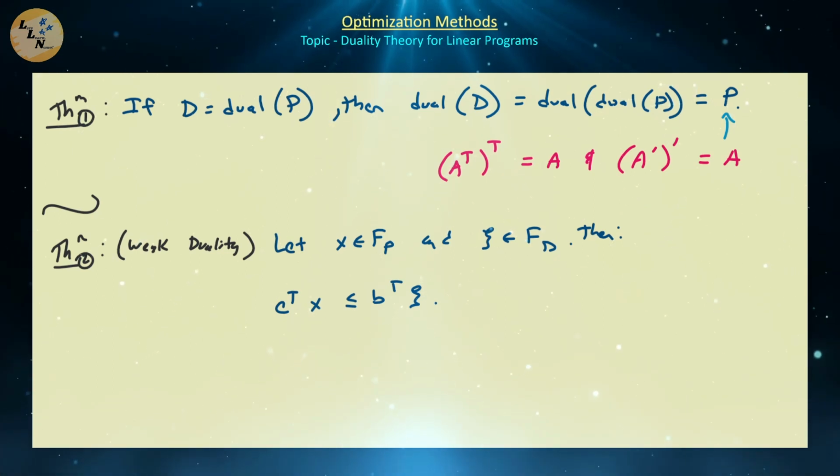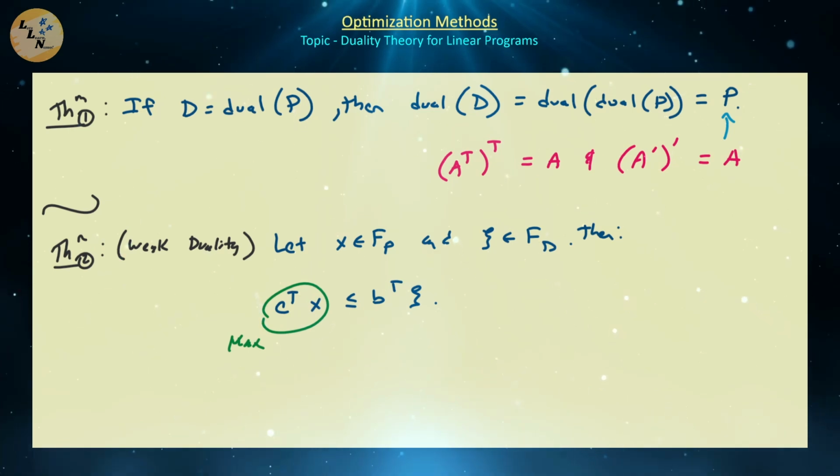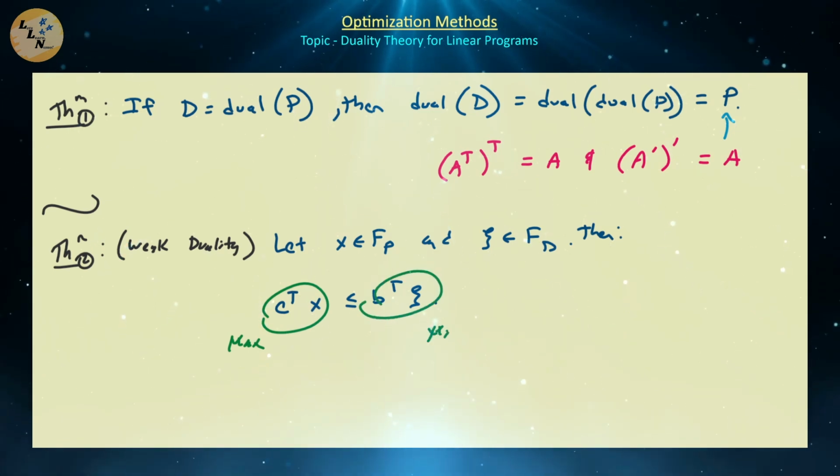So if you evaluate the cost function for x and the cost function for psi, they will always satisfy this linear inequality. From a practical perspective, usually we're trying to maximize one functional and minimize the other, or vice versa.